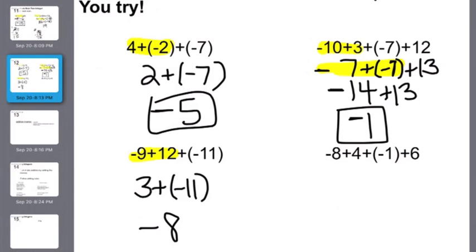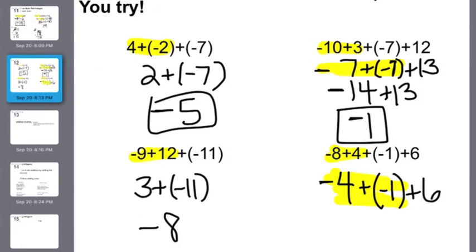And our last one over here, negative 8 plus 4. The absolute value of negative 8 is bigger than the absolute value of 4, so it will be a negative. 8 minus 4 gets us 4. Bring down everything else, so plus negative 1 plus 6. Break her down again because we've got 3 terms.